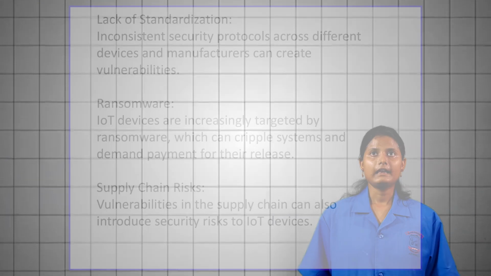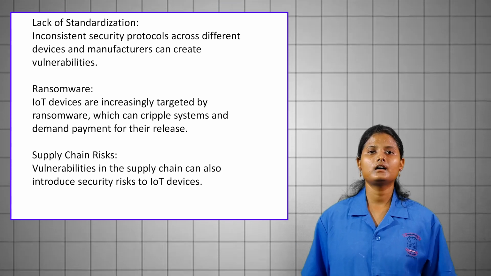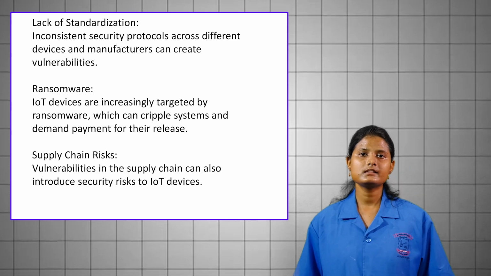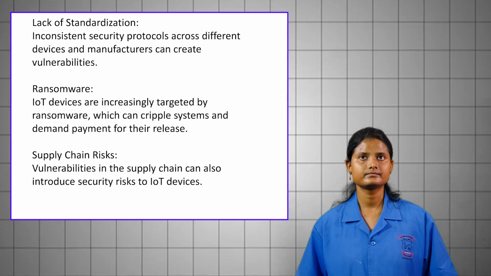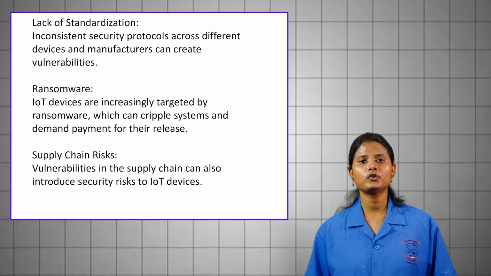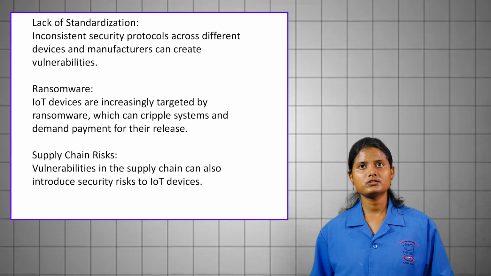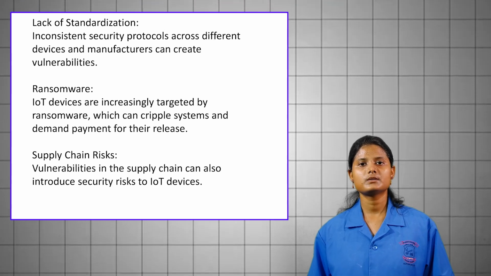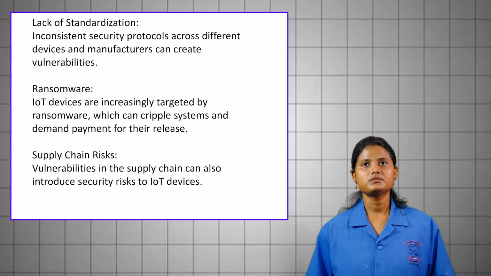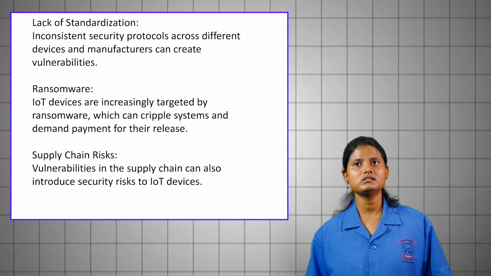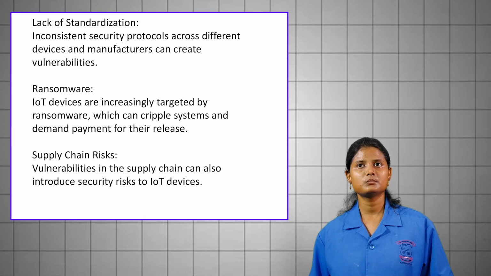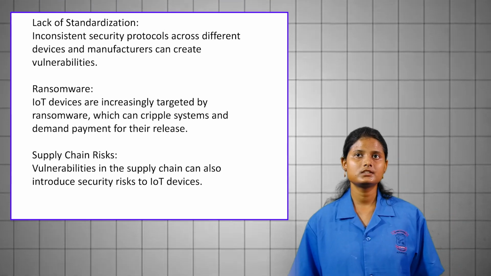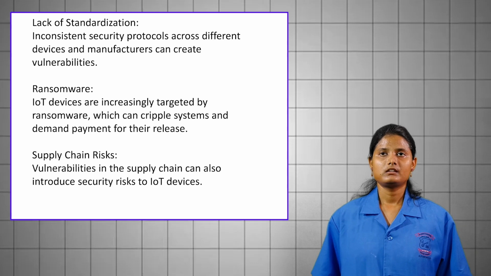Next, lack of standardization. The lack of standardization means the protocols are fewer and less active. If the protocols are fewer, the activation of devices is also less, and it is sometimes insecure. Ransomware: IoT is increasingly targeted by ransomware, which is one of the viruses that damage IoT applications.